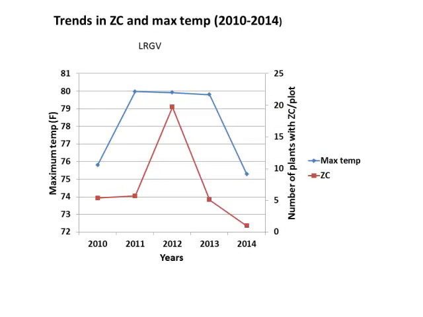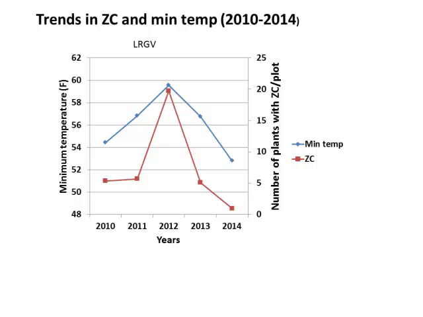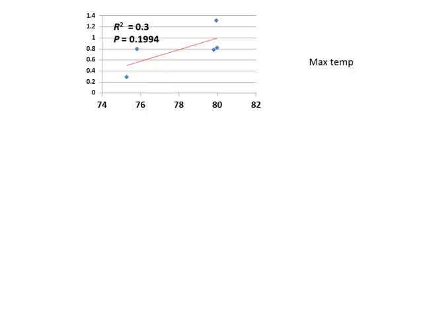And if you try to impose ZC on the maximum temperature, there is some trend, but it doesn't fit just because of this flat thing. The curve doesn't fit. A little bit with average temperature, and quite much better with minimum temperature. If you do a correlation of these, maximum temperature is really not significant.